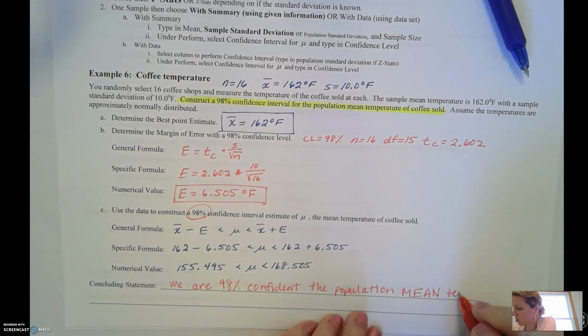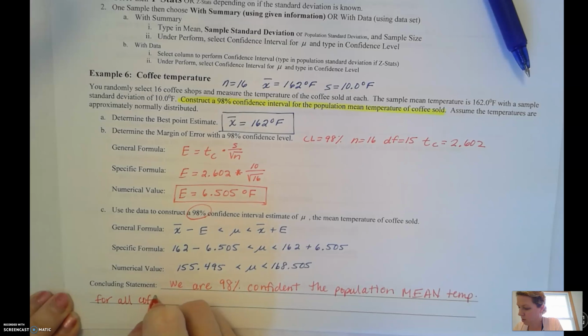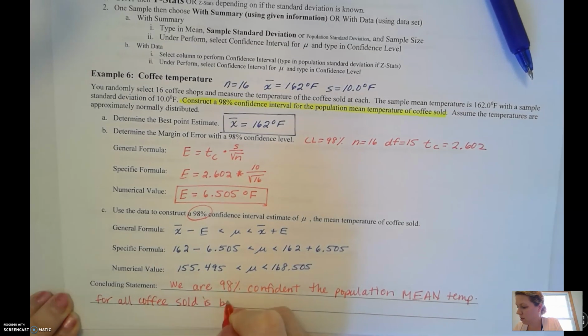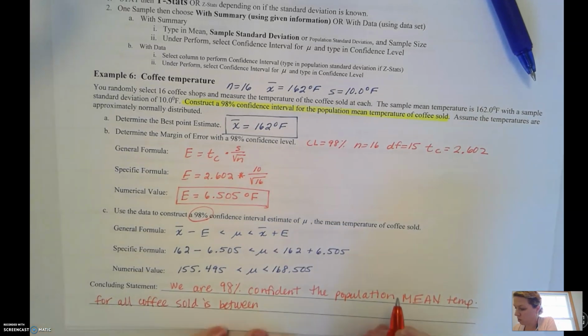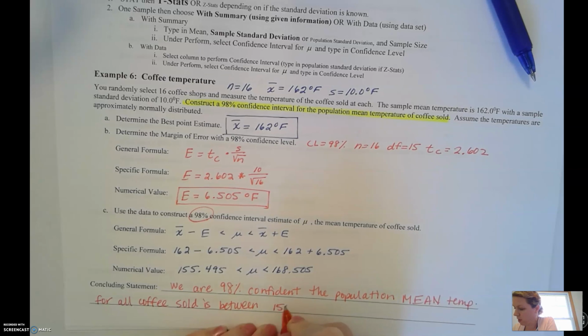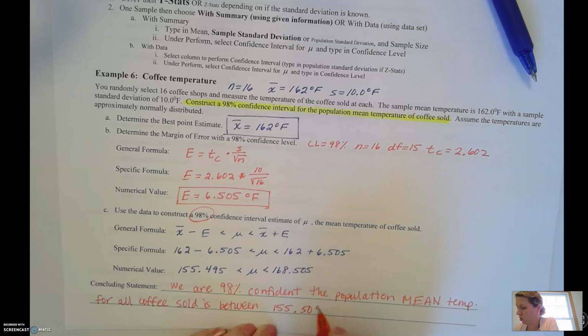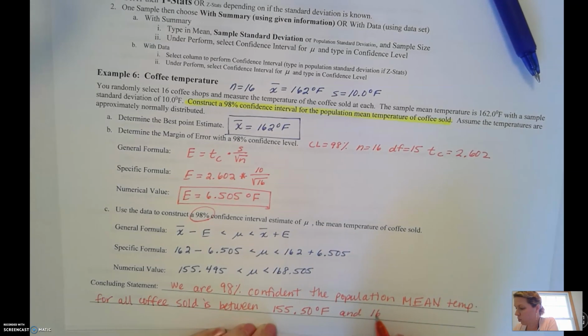Temperature for all coffee sold is between, let's see, we'll do 2 decimal places, 155.50, and remember our units, degrees Fahrenheit, and 168.51 degrees Fahrenheit.